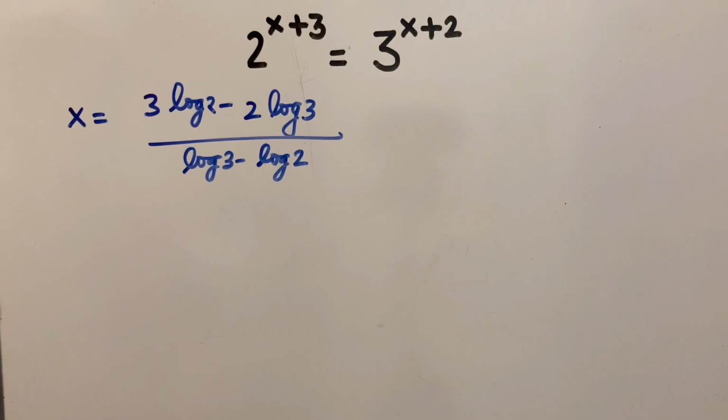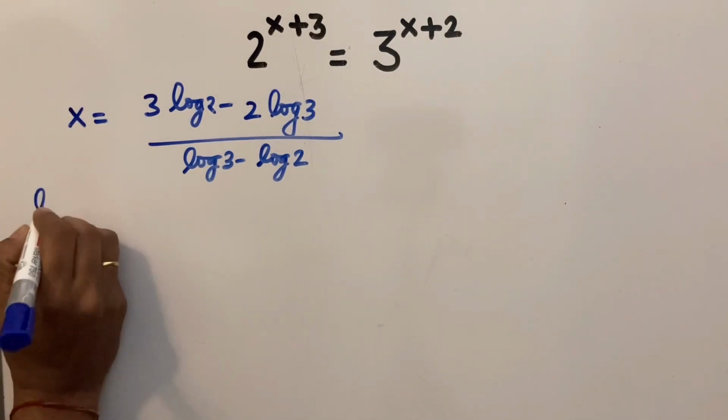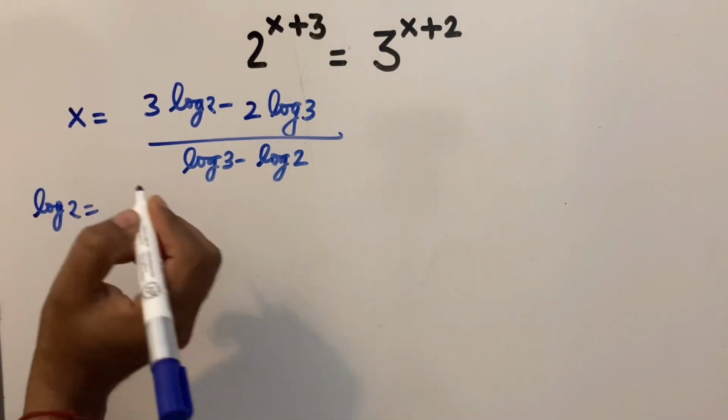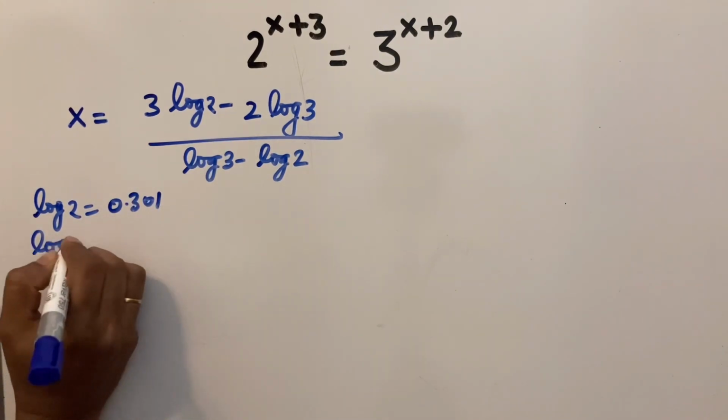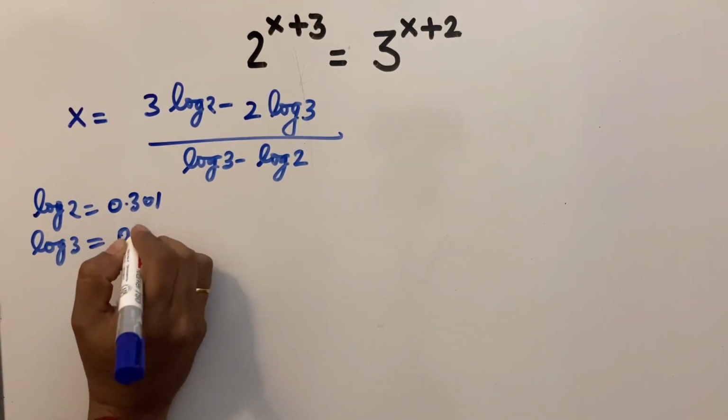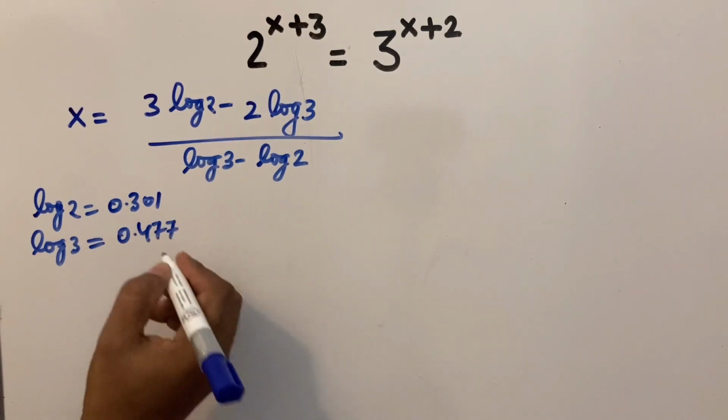As we know that log 2 equals 0.301 and log 3 equals 0.477.